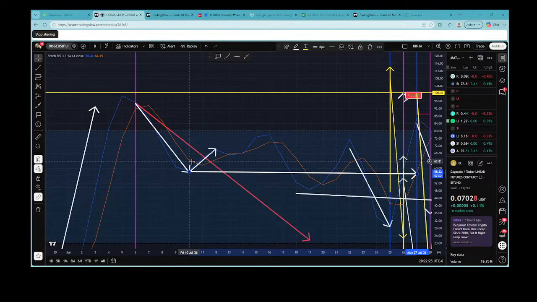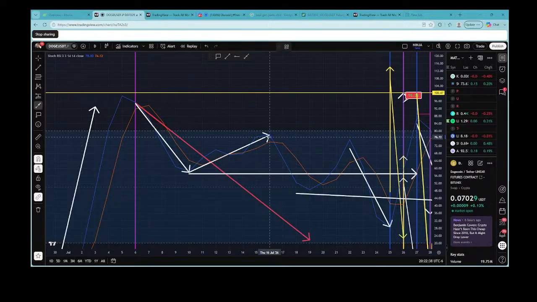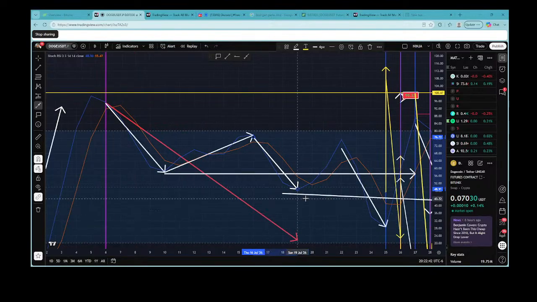What you're expecting it to do is a move down. It's going to bounce because you're always going to have orders in there. It's going to find some type of support. Then it has its third move down, which is here. At that point, that's the biggest move down.